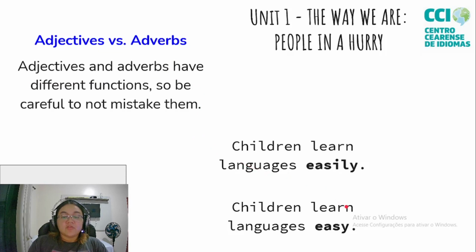So here, easy is an adjective, and what is it describing? It is not describing the languages. It's not saying that the languages are easy. It is saying that the children learn languages in an easy manner. So if it's an easy manner, we're talking about the way that children learn. It is an adverb. So the correct answer is the first one.